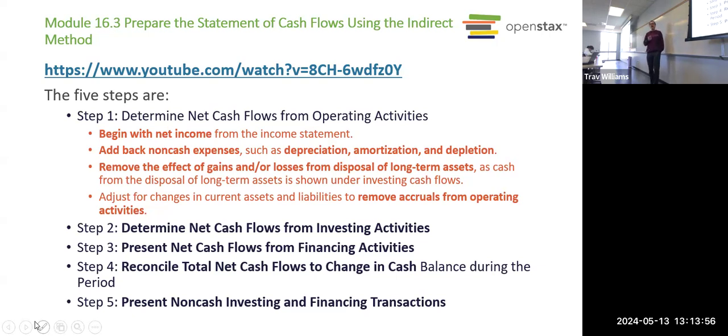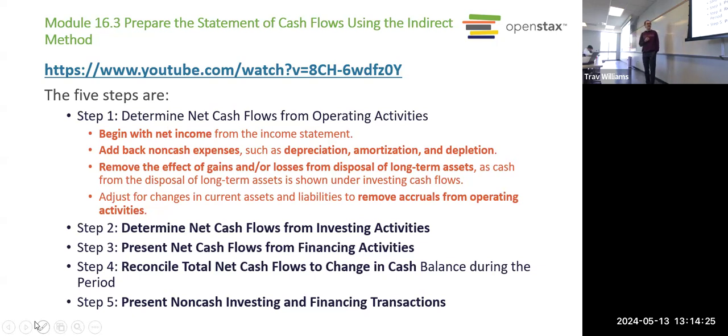When it gets to short-term liabilities, though, like accounts payable, cash goes in the same direction. If our accounts payable went down, it's because we paid them down. So cash went out, right? So I know it's a little tricky, but that's what we do. Start with net income, reverse depreciation, reverse gains or losses, reverse changes in assets, and then changes in short-term liabilities.